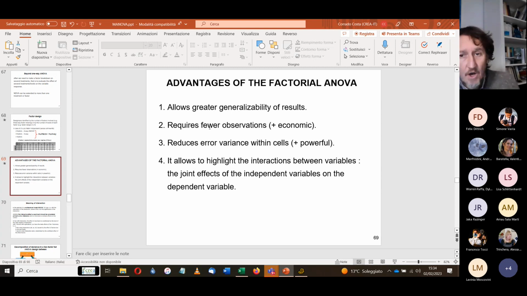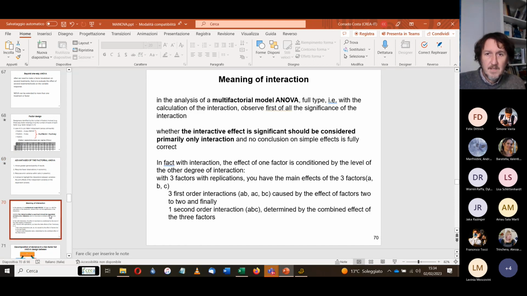So the advantages of the factorial ANOVA is that it allows a greater generalizability of the results, requires fewer observations, is much more economic, and reduces the error variance within cells, so it is much more powerful. And it allows to highlight also the interactions between variables, the joint effect of the independent variables on the dependent variable. So what is the interaction?